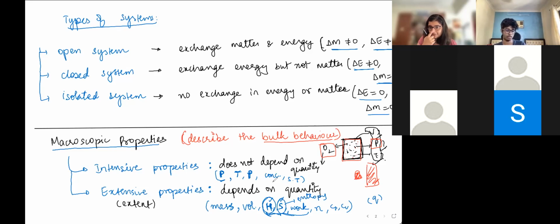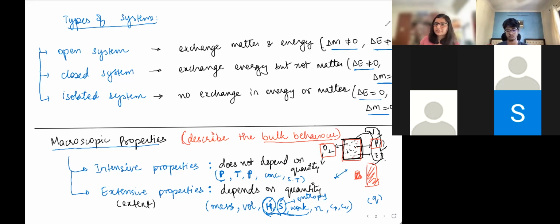Sanat's asking, is gravitational force an extensive property? I would imagine so. It's dependent on the mass, no? 3 kgs of something will exert less gravitational force than 3000 kgs of something. But again, gravitational force is not an inherent property of a substance. It is the force between one substance and another, so it's not a macroscopic property.